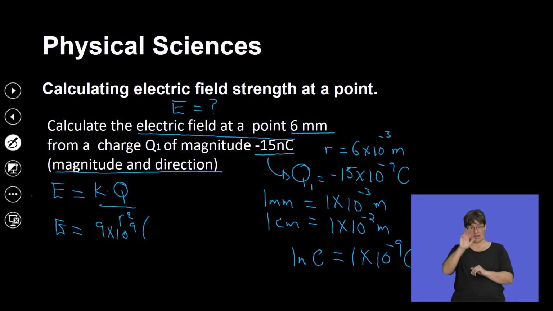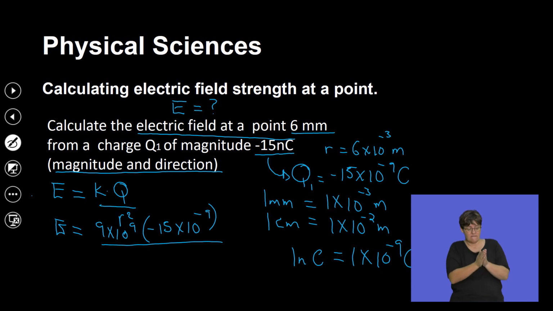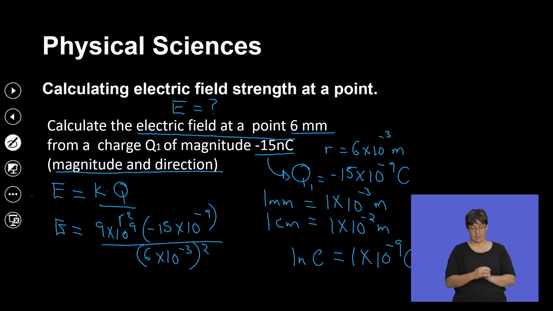The magnitude of charge is negative 15 times 10 exponent negative 9, divided by the distance of that point from the surface of the charge that creates the field, which is 6 multiplied by 10 exponent negative 3. But we need to square the distance. So this is the entire substitution that you need to carry out.